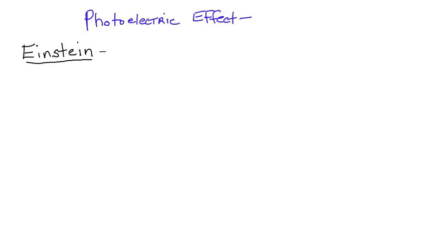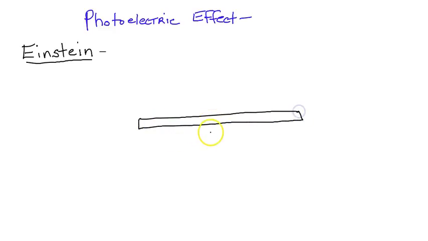So what was the photoelectric effect? Well, it was a phenomenon we knew in nature where we had a metal object. This could be any metal. We took a light source that shot out light, for instance, red light, and it would hit the surface.